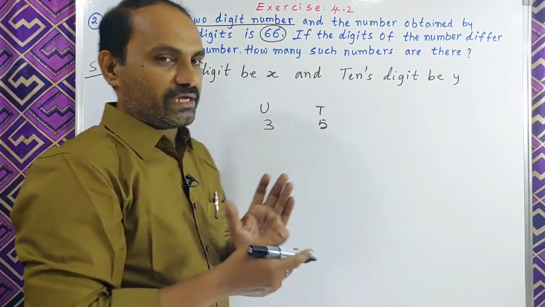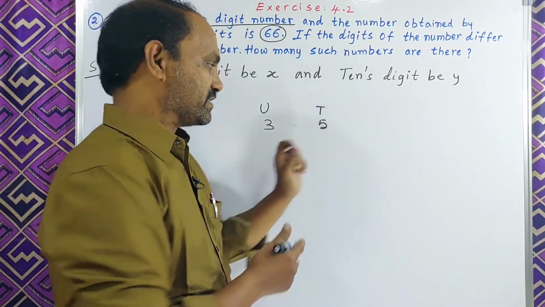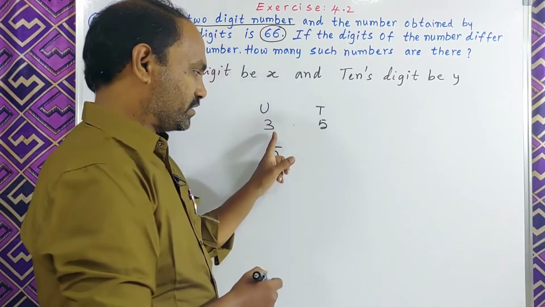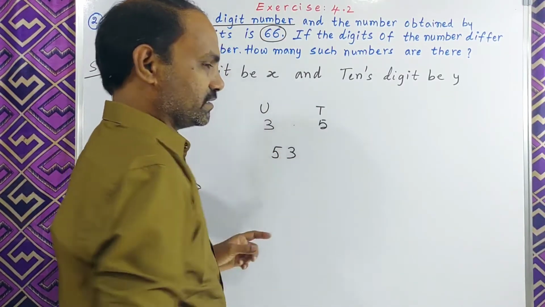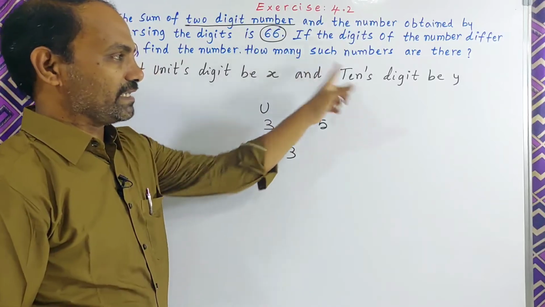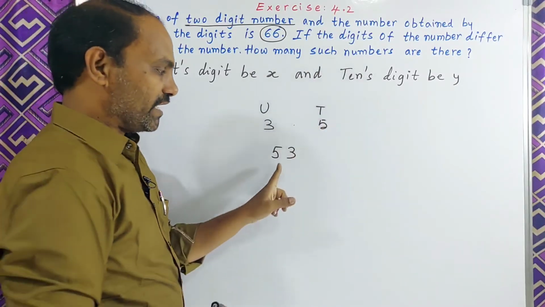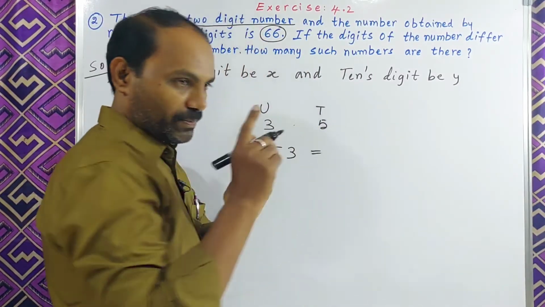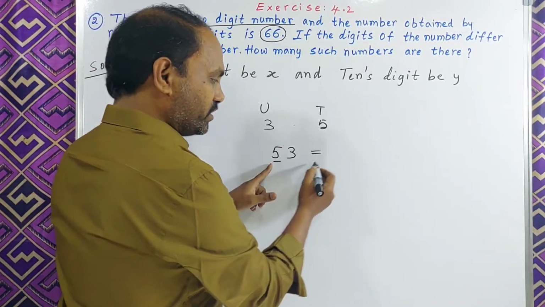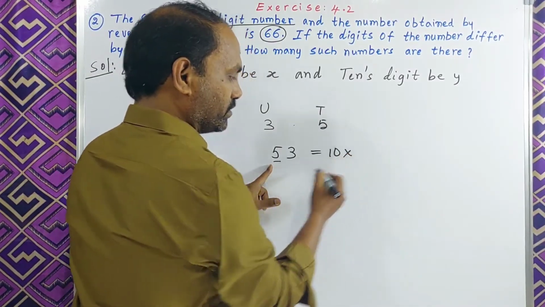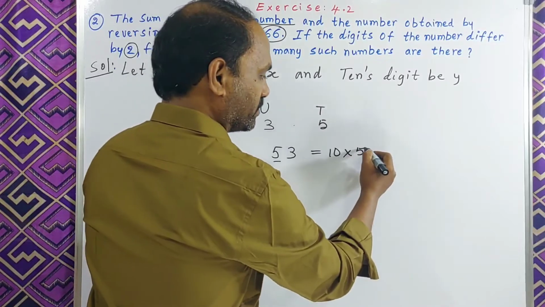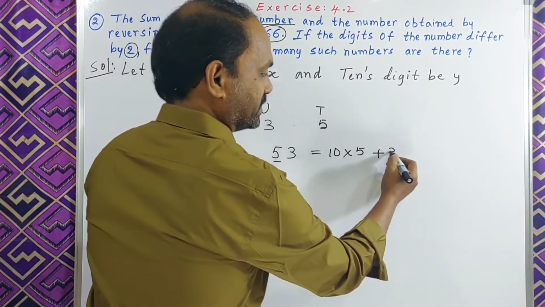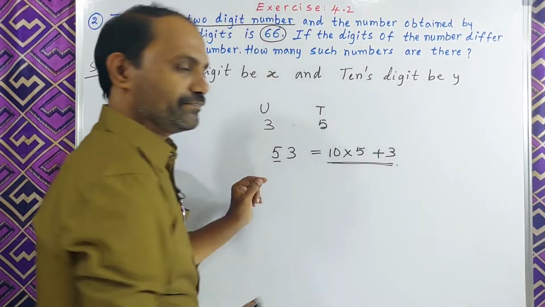Then how can we write the number? Tens digit first, 5, and then units digit next, 3. Don't write it like this. We write it using expanded form: 10 into the tens digit plus the units digit. This is the correct form.